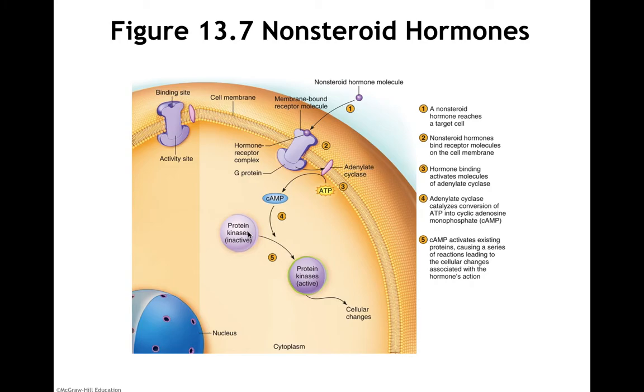That, in this case, is going to turn on a kinase. This protein kinase is not putting phosphates on anything because it's not turned on, but cyclic AMP will combine and it'll become active, and will start putting phosphates on other enzymes in the cell to get the action that the non-steroid hormone is supposed to get.